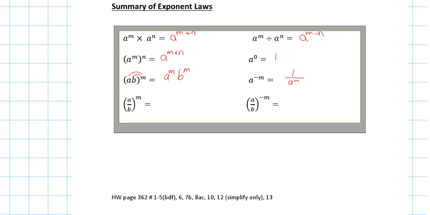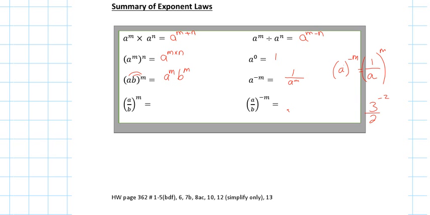Now there is a difference. Guys, can I have your attention for a second? If this is written like this, you should write it as 1 over a^m. But the minute that you have something that looks like this, you should keep it in brackets, and then keep the bracket to the power. So if this was, let's say, 3 to the power of negative 2 over 2, in this case only the 3 is to the power of negative 2.